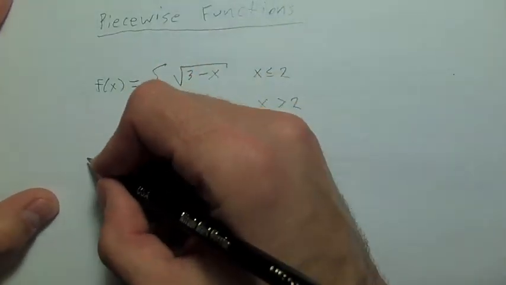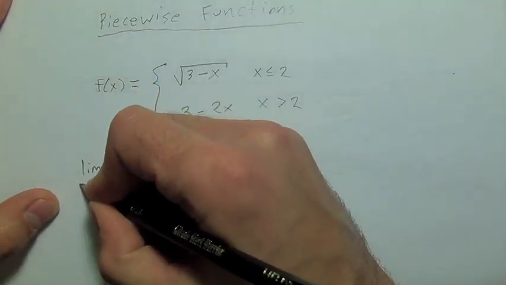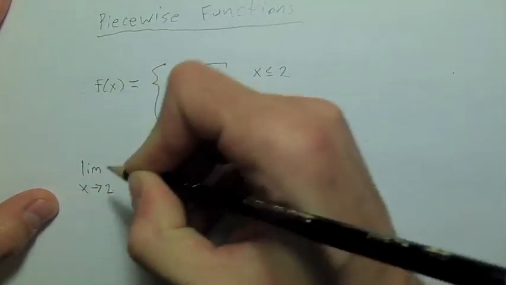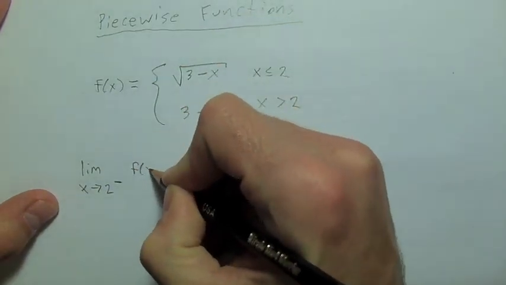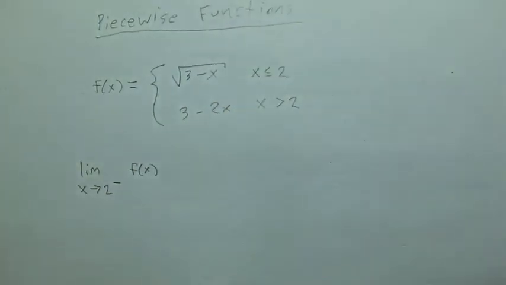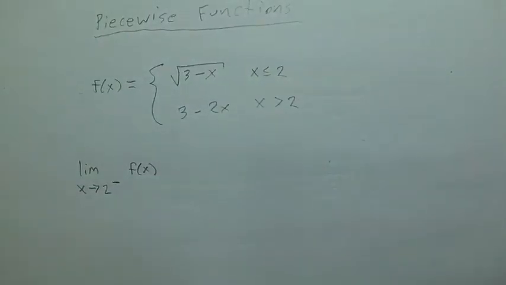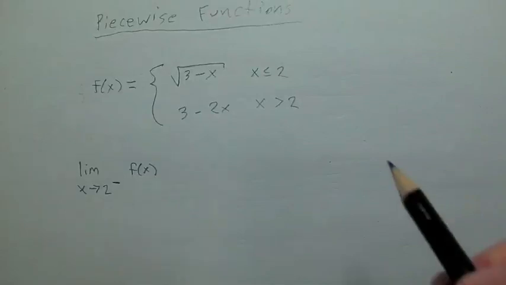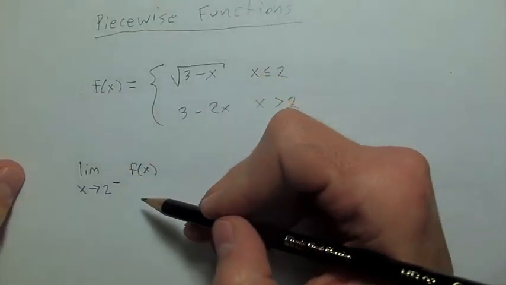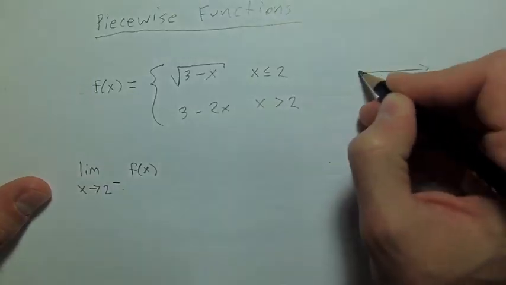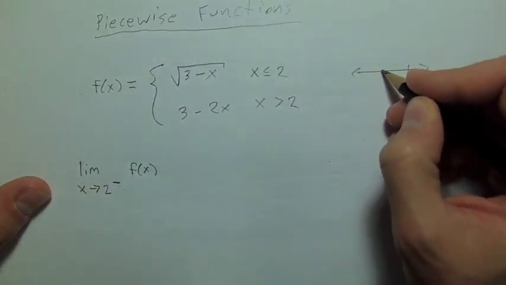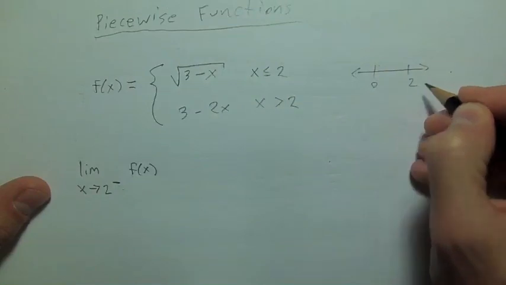Okay, so I want to find the limit as x goes to 2 from the left of f of x. To do that, first we need to find which piece this will live in. If I take a look at a number line here, let's say here's 0, here's 2.